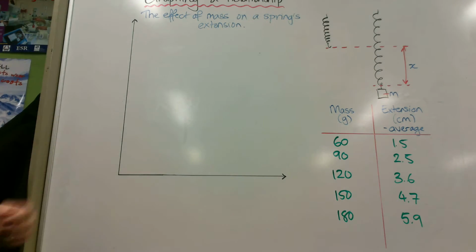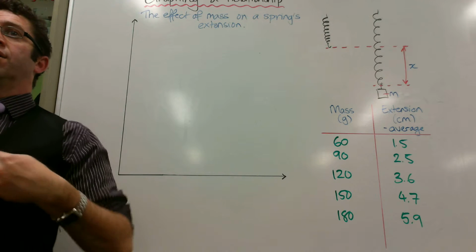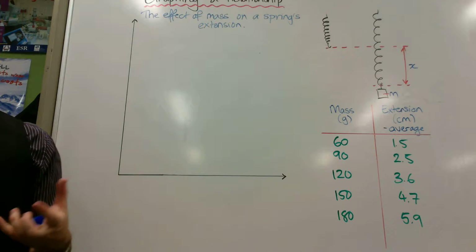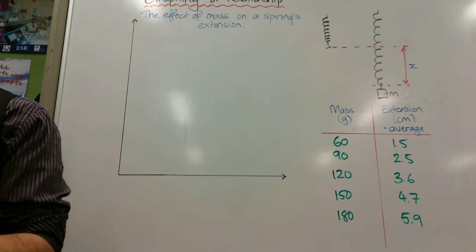Now when you get further up in physics, that would be just called Hooke's Law because people know what that means. But for now we've got to put a small sentence.